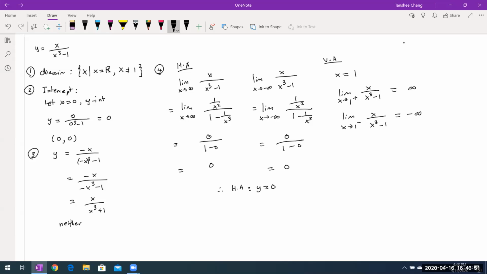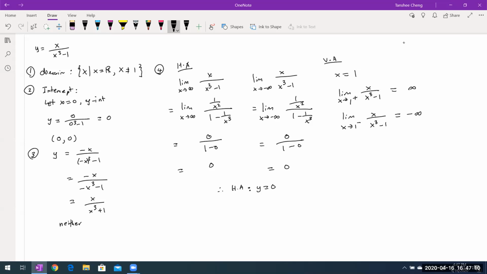Similarly, I also check the limit as x approaches negative infinity, and using the same technique, my limit is 0. Since both limits are the same, we only get one horizontal asymptote, which is y equals 0.